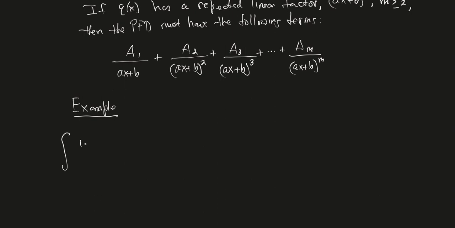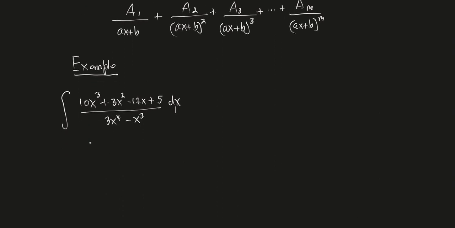Our function is 10x cubed plus 3x squared minus 17x plus 5 all over 3x to the fourth minus x cubed, with respect to x, right? And just a quick check, we see that the function is proper. The degree of the numerator is 3. The degree of the denominator is 4, hence it's proper. So we can proceed.